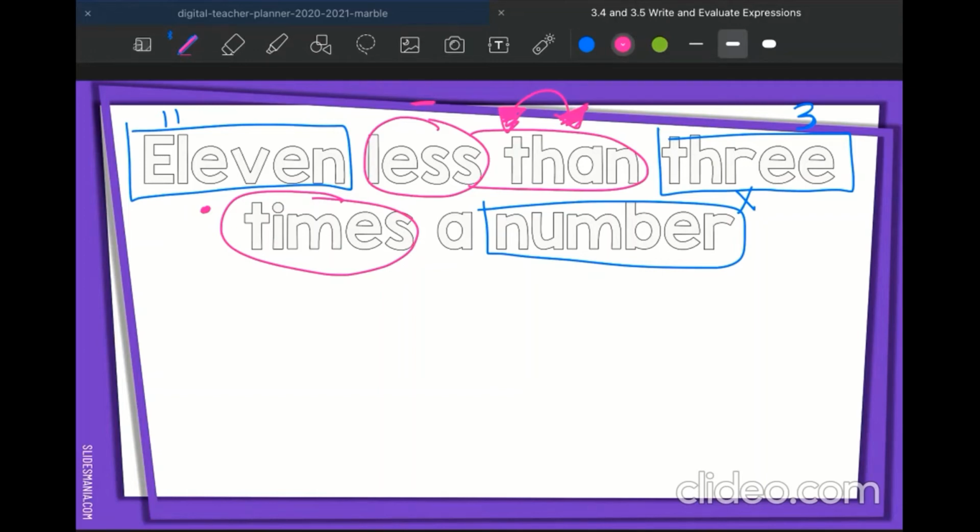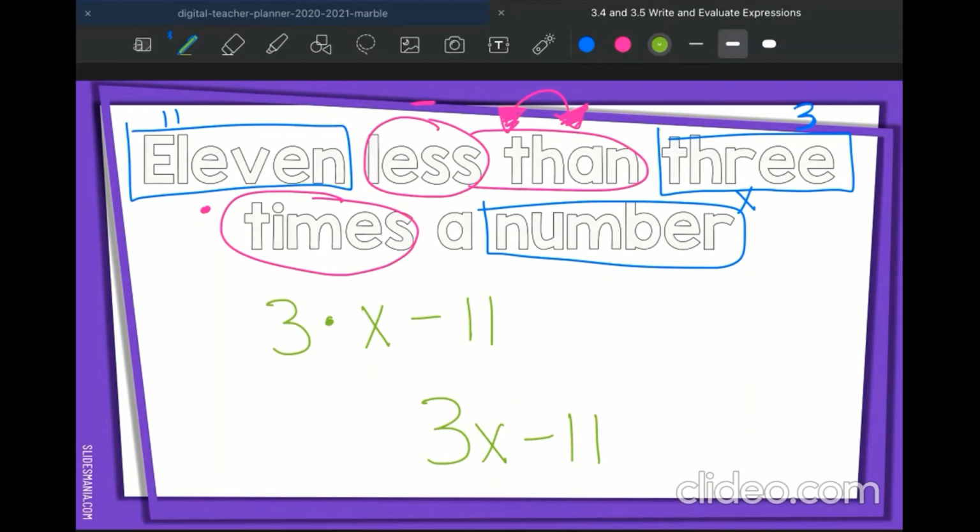We okay on that? So that means that I'm going to start with 3 times a number. So I can do 3 times a number less than 11. Another way you could write this, I could do 3x minus 11.